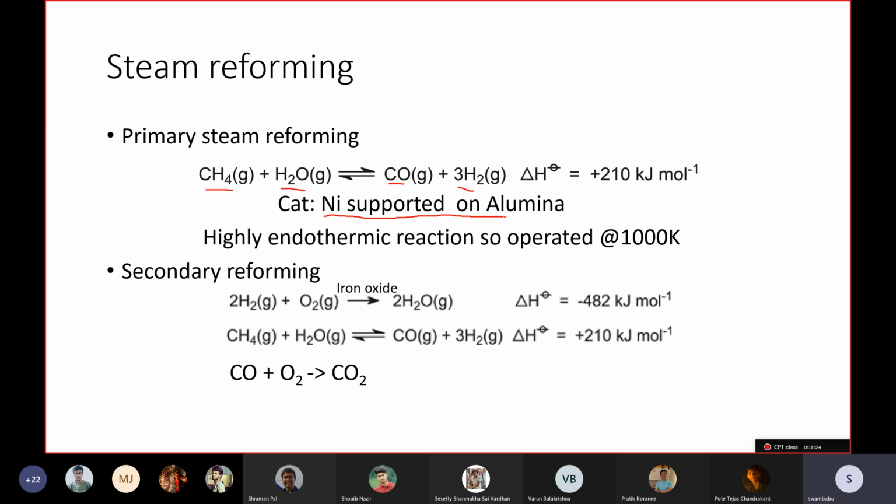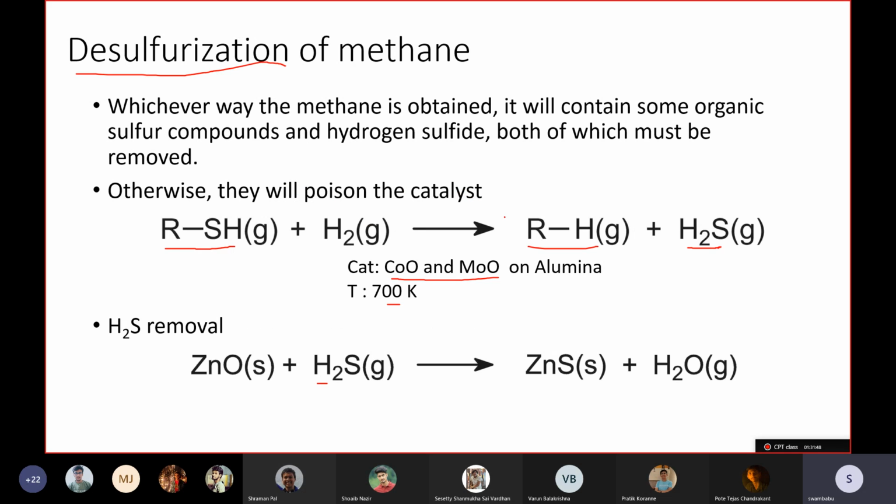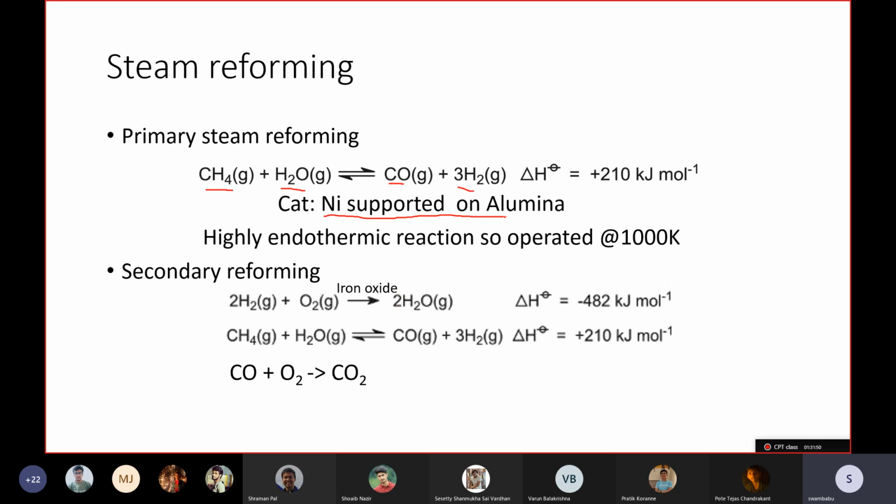Ideally we need noble metals like platinum, which give better results, but from a cost point of view, sometimes we have to use other metals. Any metal catalyst can be helpful in hydrogenation or dehydrogenation reactions. So here nickel supported on alumina catalyst is used for the primary steam reforming reaction. Again, this is a catalytic and endothermic reaction.